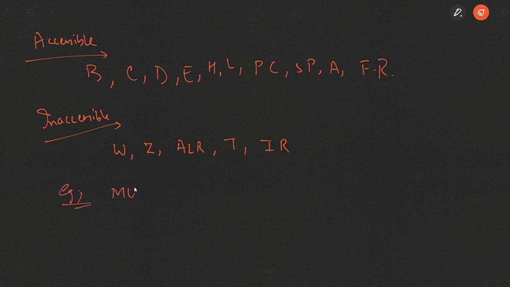Say we have an instruction MOV A, B. Using this instruction, we can move the contents of register B to the accumulator A. This is shown in this fashion.